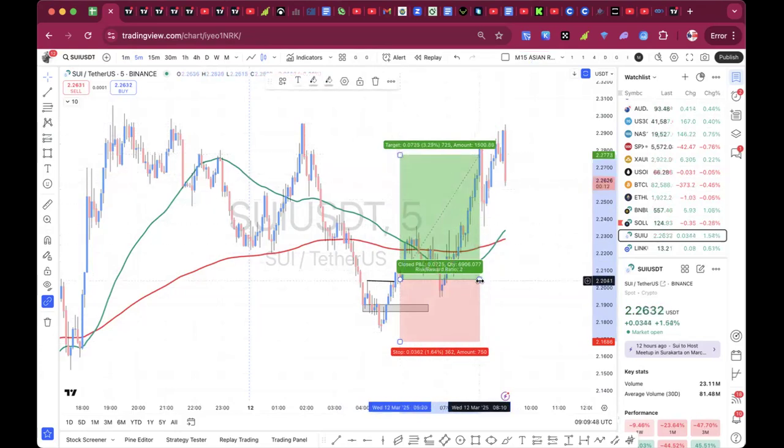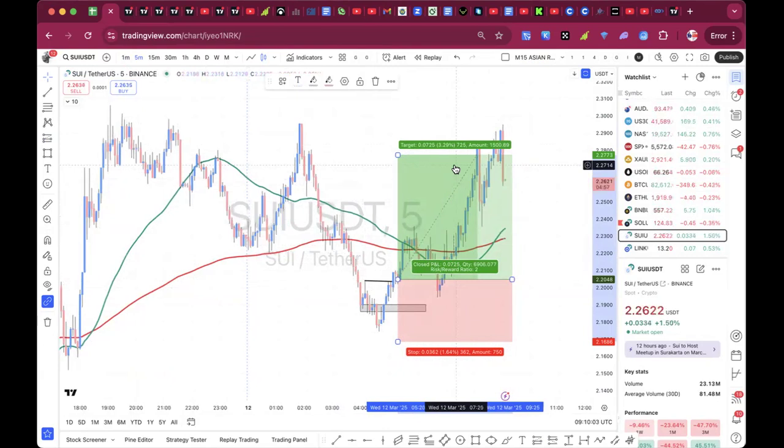So 1:2, you will have been done. And this is 3%, right? So 3% or 3.2%. So if you're using 5x, you have done 10%. If it's $100, you have done, okay?